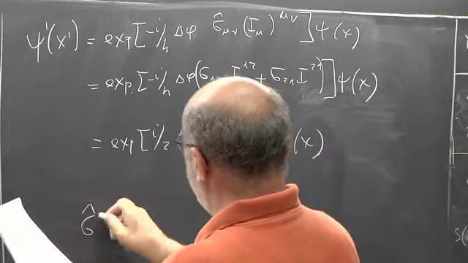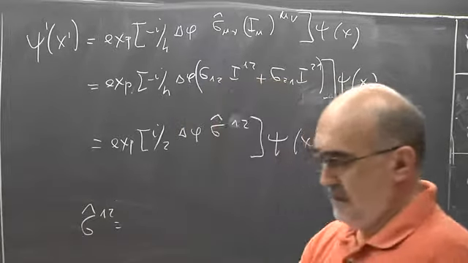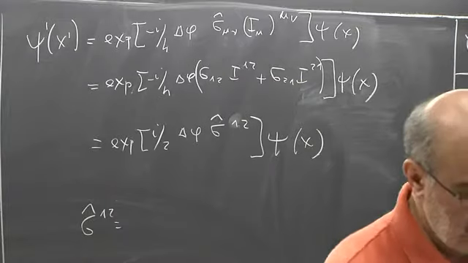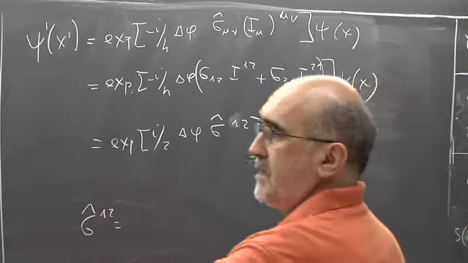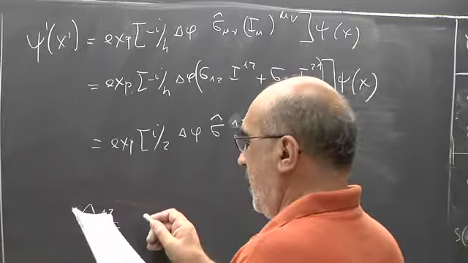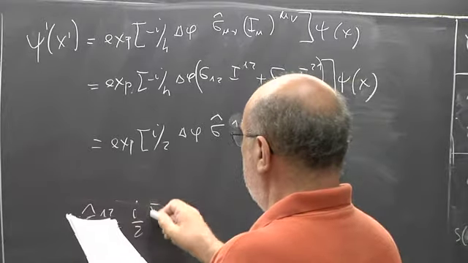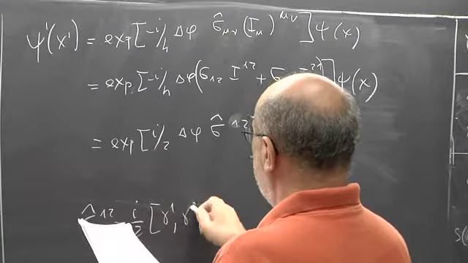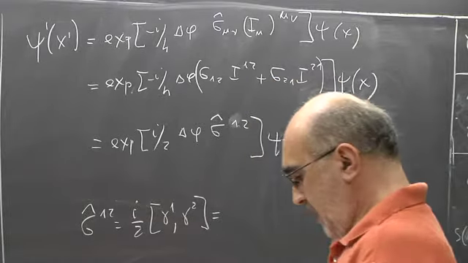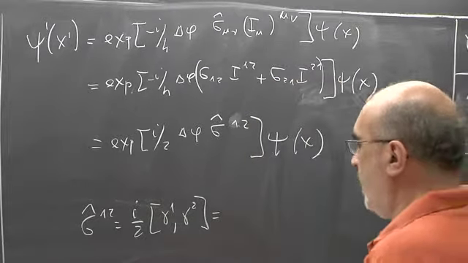But let's go and see what σ^{12} is. From the definition, σ^{12} is i/2 γ^1 γ^2. Let's work that out in detail.